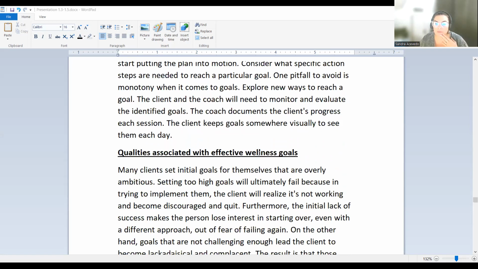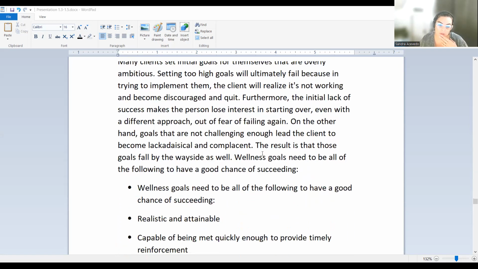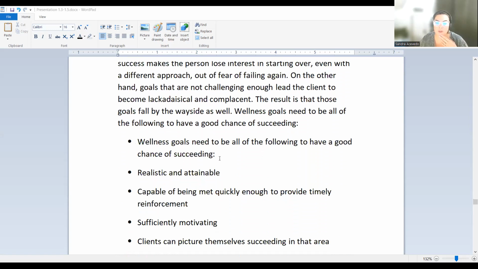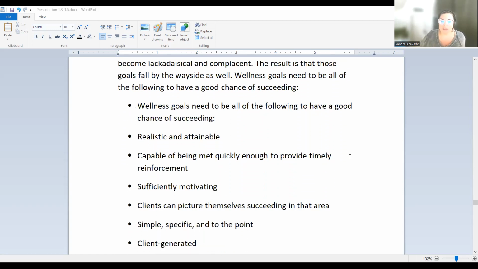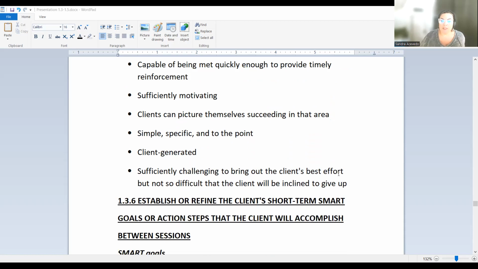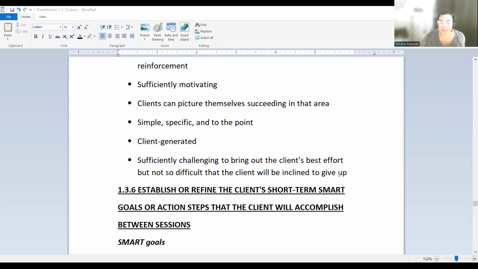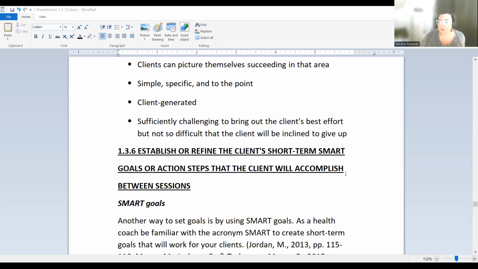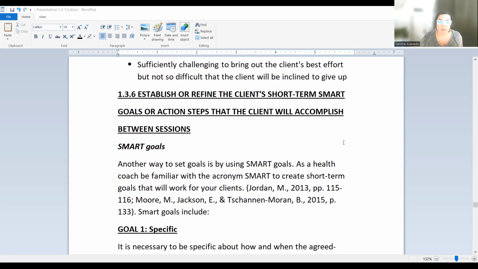Qualities associated with effective wellness goals: wellness goals need to be all of the following to have a good chance of succeeding: realistic and attainable, capable of being met quickly enough to provide timely reinforcement, sufficiently motivated, something clients can picture themselves succeeding in, simple, specific, and to the point, client generated, sufficiently challenging to bring out the client's best effort, but not so difficult that the client will be inclined to give up.